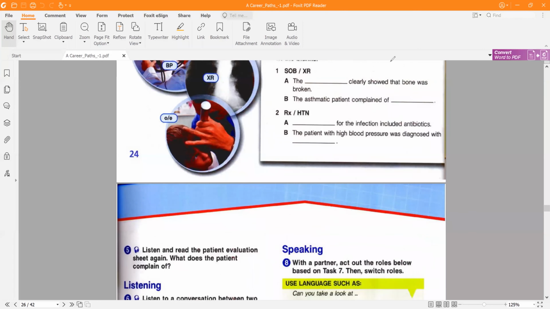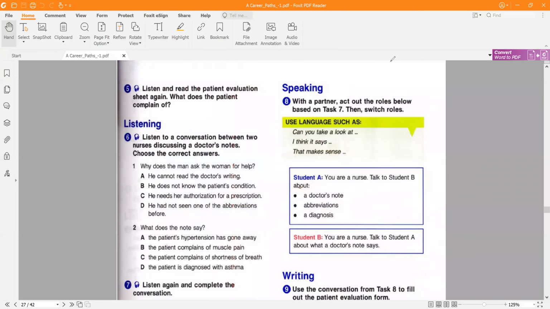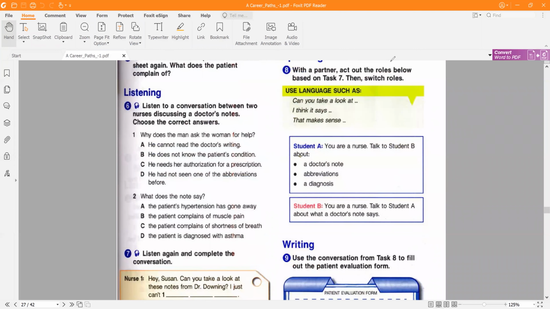Now we move to the second listening. We are going to listen to the second conversation, and while we are listening, we are going to do Exercises 6 and 7.